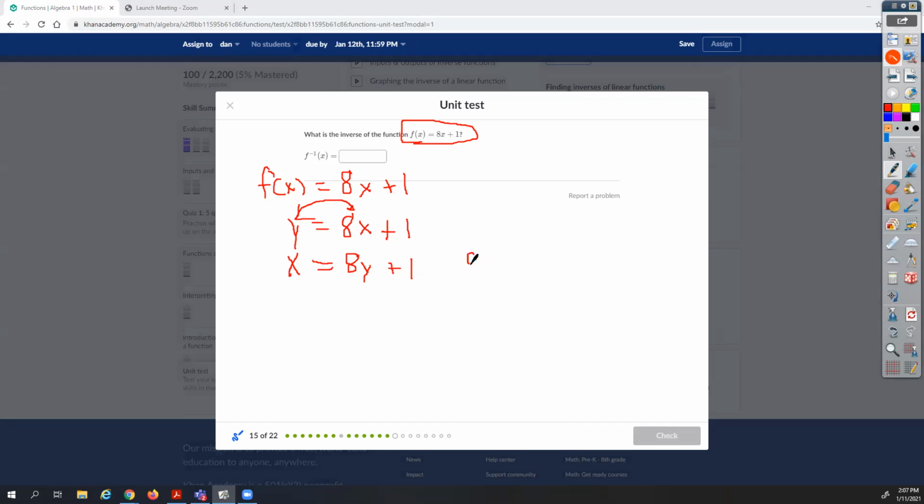And now we're going to go ahead and solve for y. In order for me to solve for y, what do I have to get rid of? How do you get rid of the 1? Subtract 1. What you do to one side, you do to the other. This cancels out. So now we're left with x minus 1 is equal to 8y.